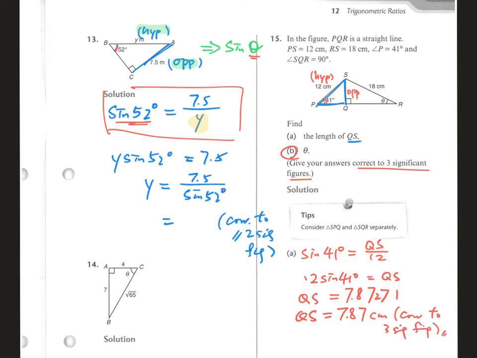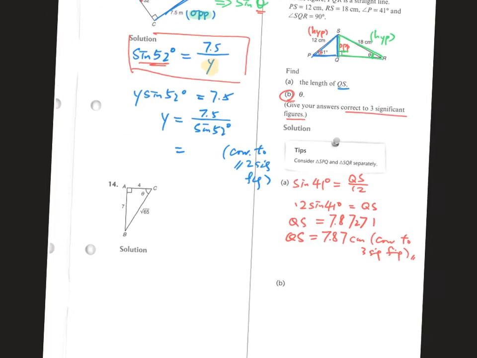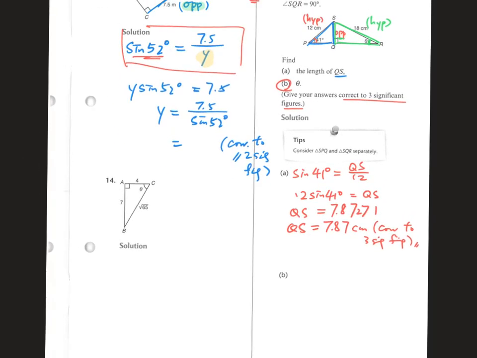Well, next you will see that you need to find theta. So that's why it's definitely asking you to consider the other triangle. With theta, again, QS is opposite, while 18 is hypotenuse. So we can set another formula according to it, which is sine theta equal to QS, but I prefer to write a long one, divided by 18.